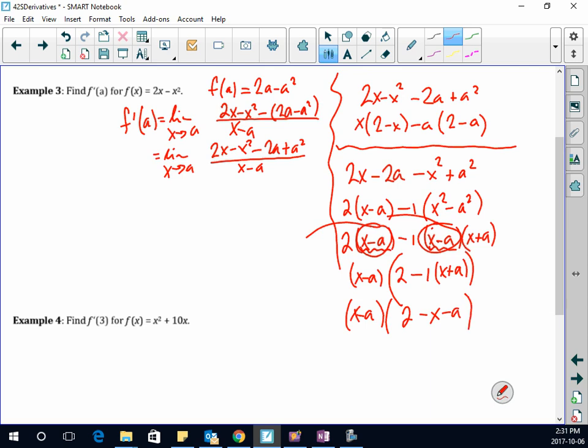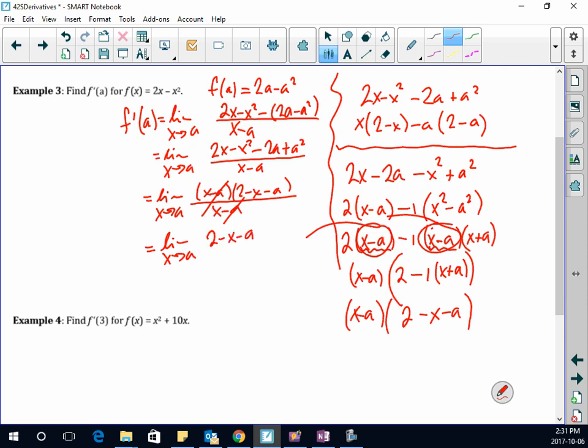That doesn't really get me far. But I can go back up here and I get the limit as x goes to a of x minus a bracket 2 minus x minus a, all over x minus a. And I can now cancel. So then I get, I'll write it one more time, the limit as x goes to a of 2 minus x minus a.